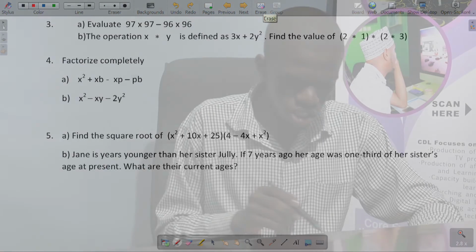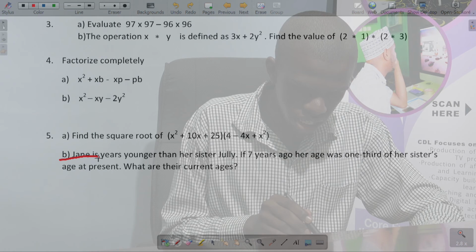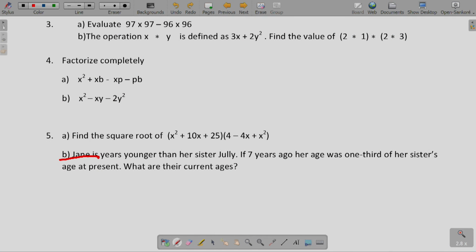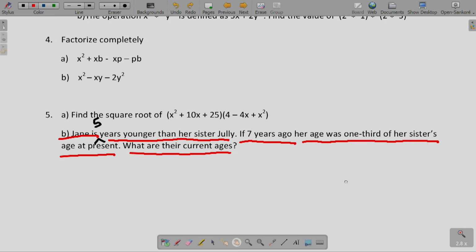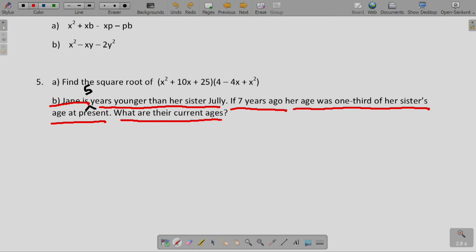And the last question here: Jane is 5 years younger than her sister Julie. If 7 years ago her age was 1/3 of her sister's age at the present, what are their current ages? So we have two sisters here, Jane and Julie.